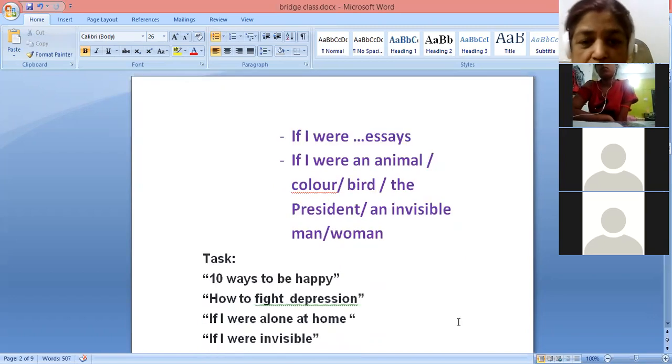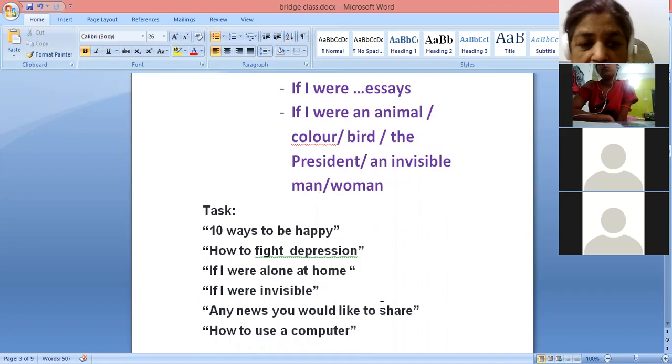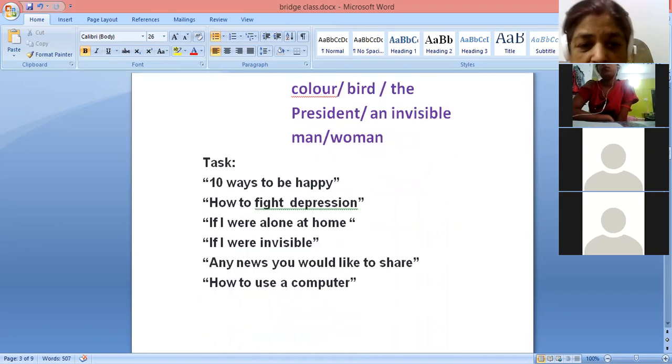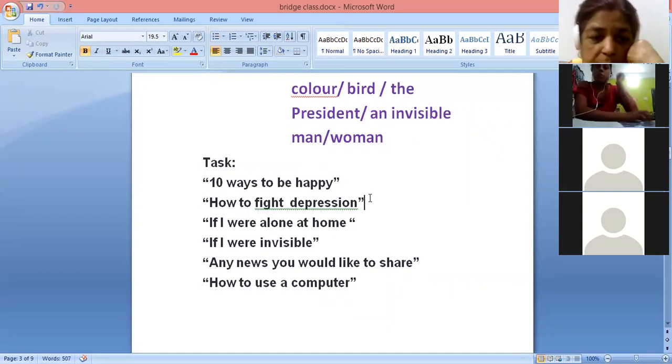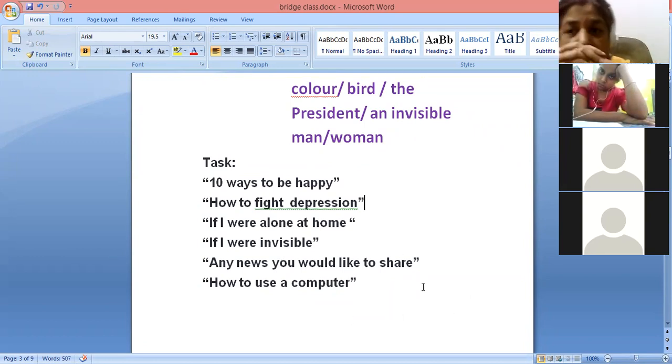There are many such things which you can write. तो आपको मैंने टास्क दिया था 10 ways to be happy, how to fight depression, If I were alone at home, if I were invisible, and any news you would like to share or how to use a computer. मैंने आपको टास्क दिया था इसको.